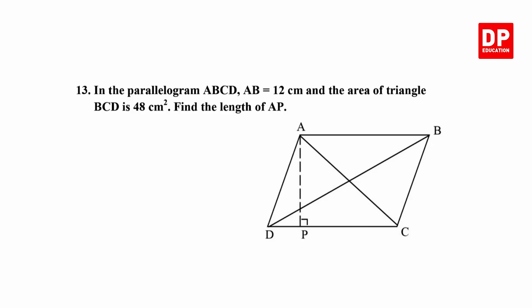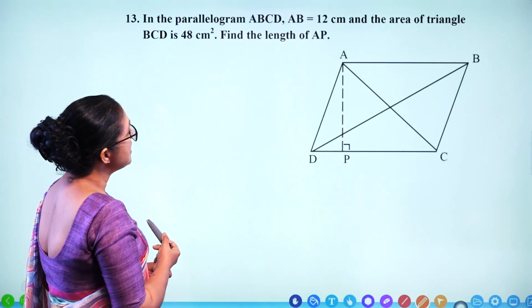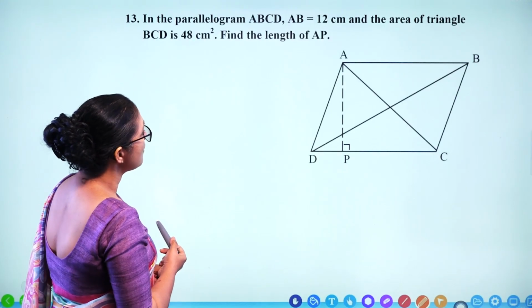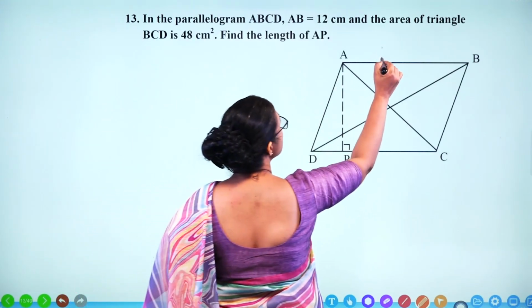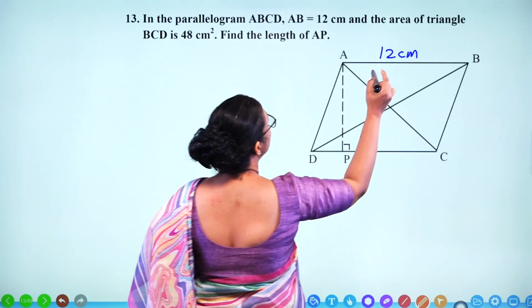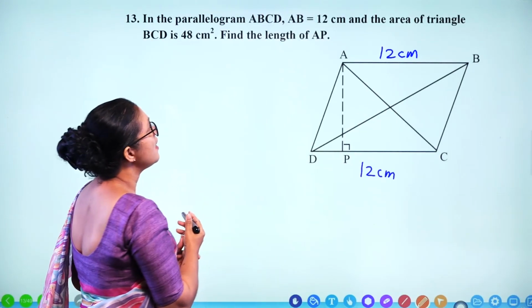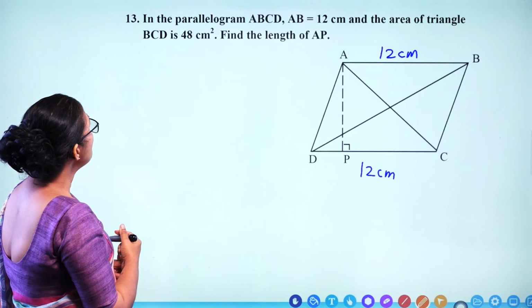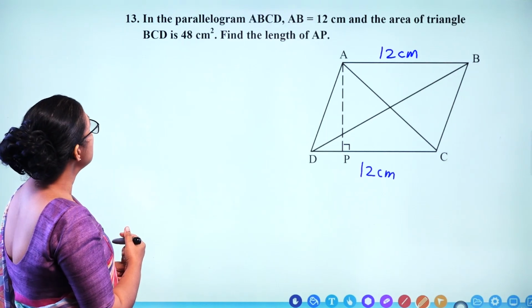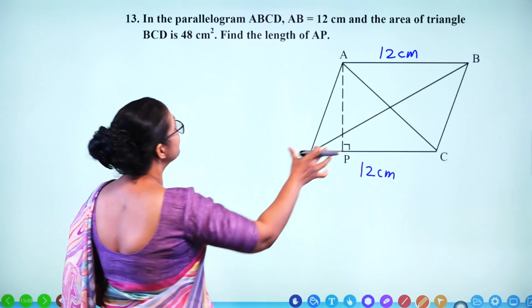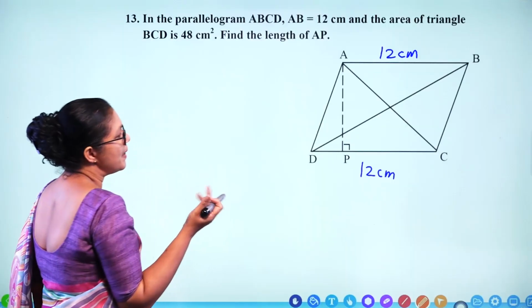Question number 13. In the parallelogram ABCD, AB is 12 centimeters. That means this is also 12 centimeters. Opposite sides are equal. And the area of the triangle BCD is 48. Find the length of AP.